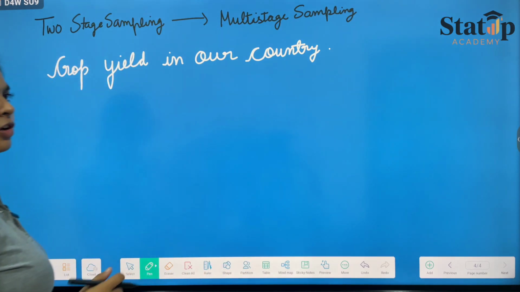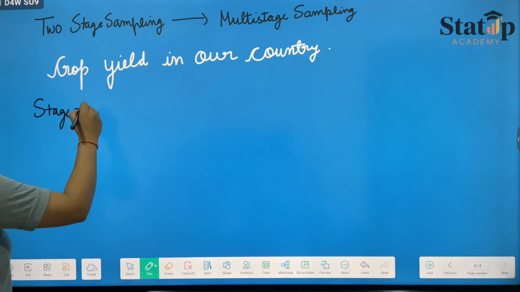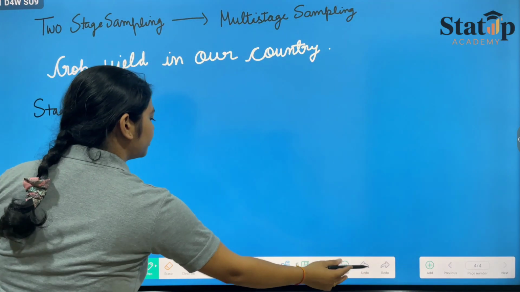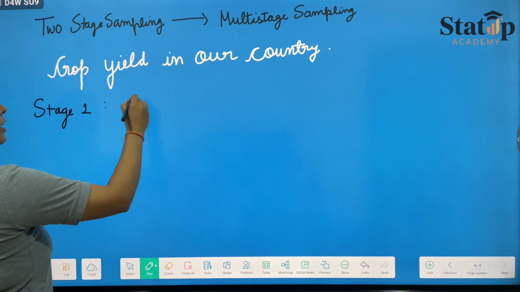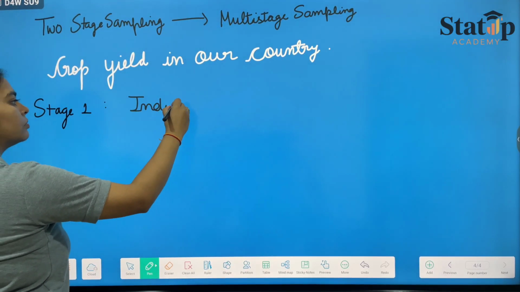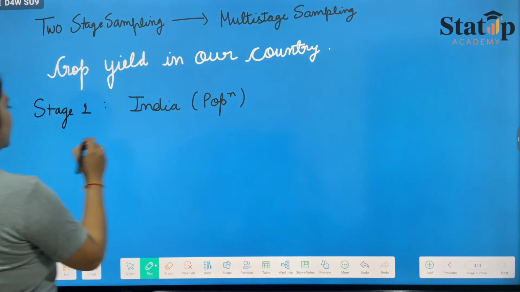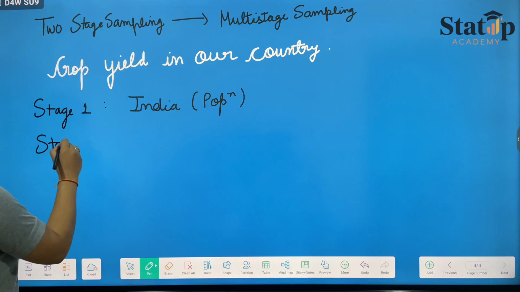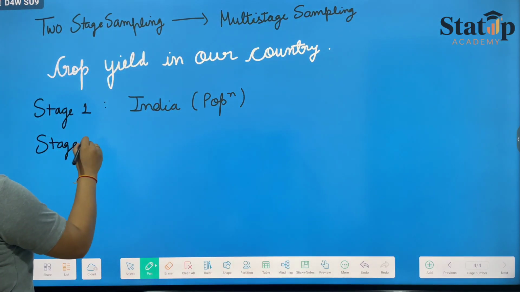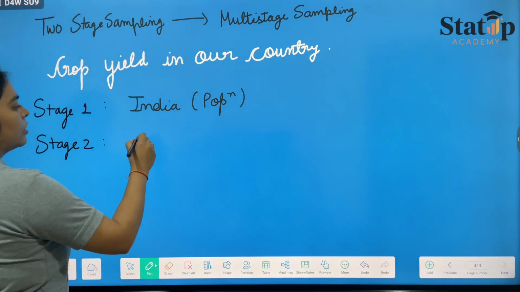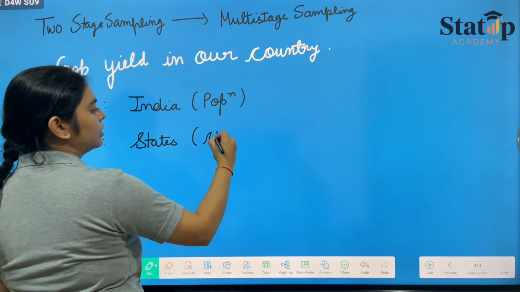Stage 1 will consist of India, which is the population. Stage 2 will consist of states in India, which are again clusters.